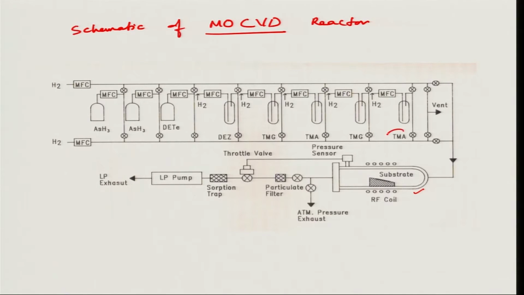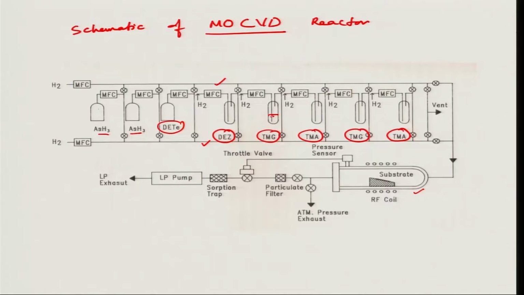Okay. We have trimethyl aluminum, trimethyl gallium, two sources of trimethyl aluminum and two sources of trimethyl gallium, diethyl zinc, diethyl telluride and arsine. Okay. So, these are gases. So, directly through a mass flow controller they can be flown into either of these two lines which go to the reactor. Okay. For metal organic compounds we use a bubbler.